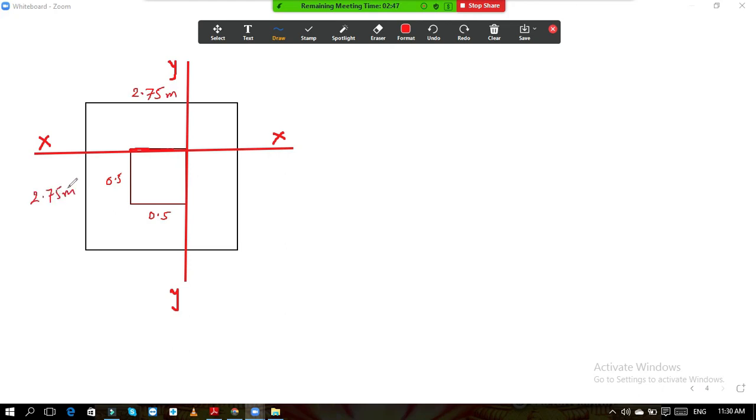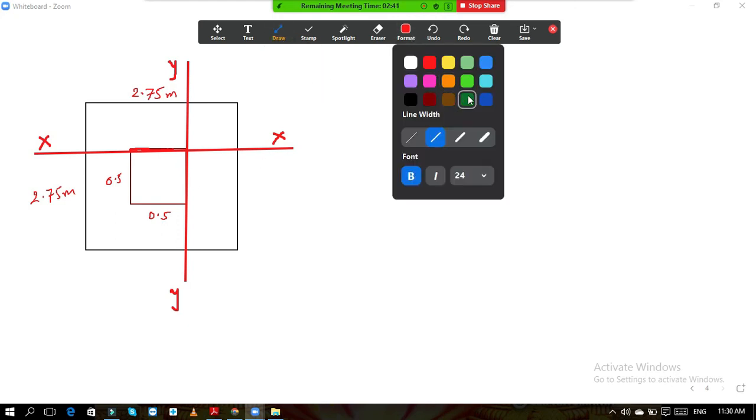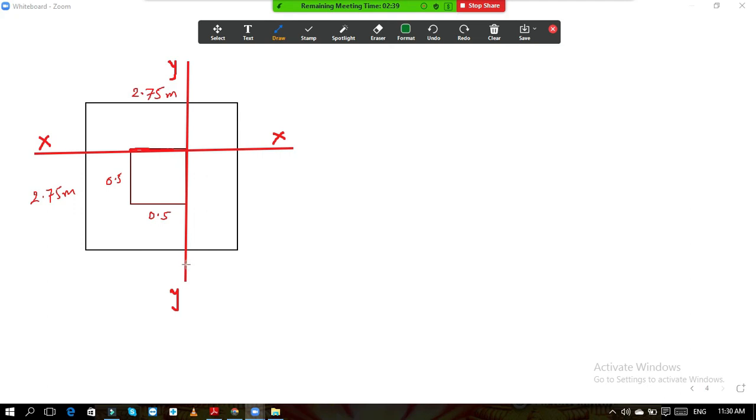So now, what is this much of distance? We have already calculated this distance. See, this is the CG. This total distance is 2.75, so from the center up to this point, this distance will be 2.75 by 2. Again, this total distance is 0.5, so from center up to this point, this distance will be 0.5 by 2.